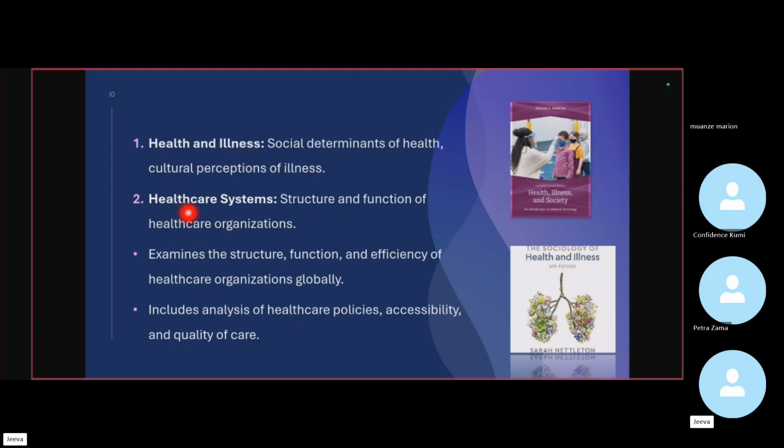Then it looks at how a healthcare system functions, how it is properly organized, what policies they have, how accessible the healthcare system is in rural as well as urban areas, and how much quality of care it provides for the people in a society.